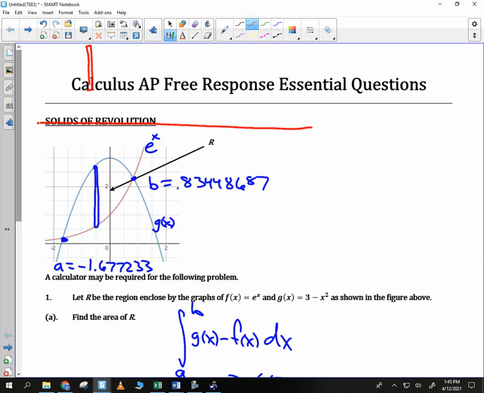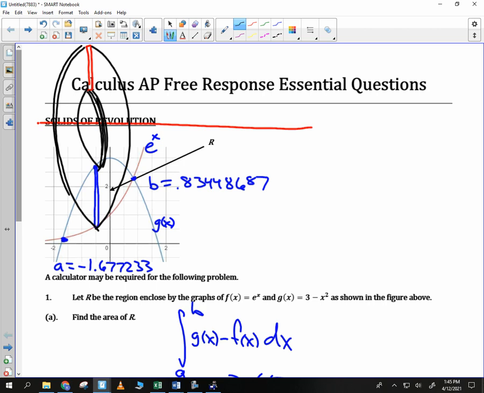Anybody know what shape I get if I revolve it up like that? A washer. Good. We need to be able to handle volume with things like that as well.